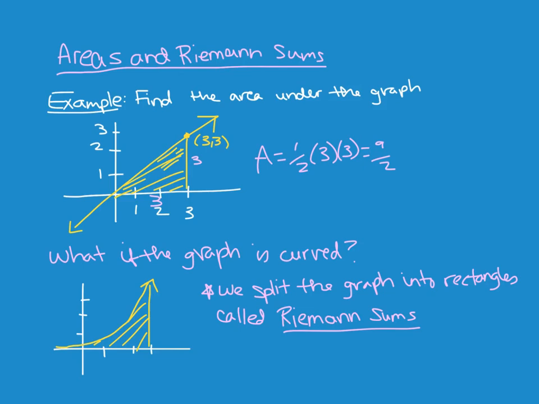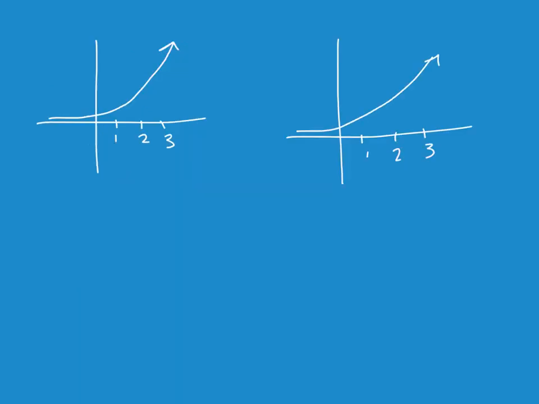There are a bunch of different ways of using Riemann sums, and I'll show you a few of them. The first type of Riemann sum that we're going to talk about is what we call a left Riemann sum. Sometimes you'll also hear that called a lower Riemann sum.